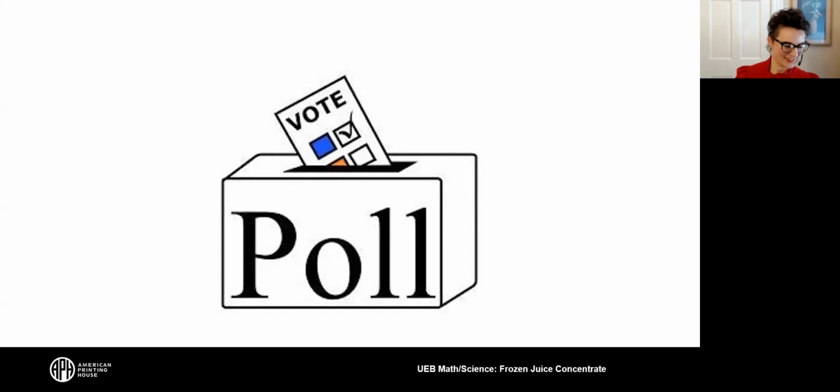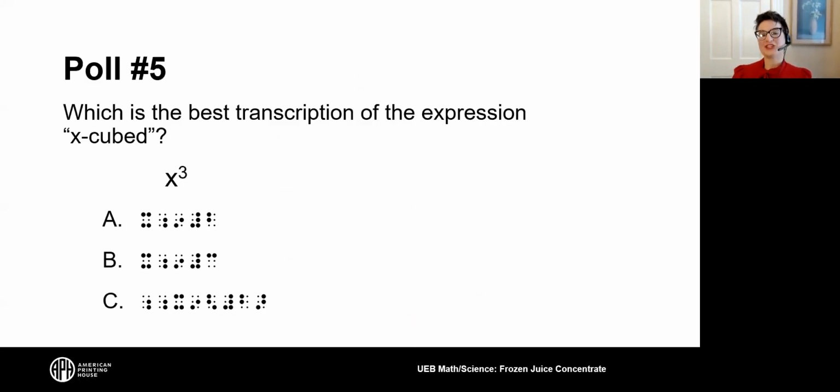Again, I get to ask you a question. Which is the best transcription of the expression x cubed or x superscript 3? I'll give you a few minutes to just look at the dots before I read anything aloud and give it away just a little.